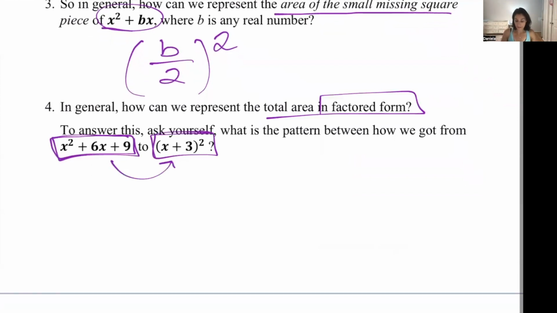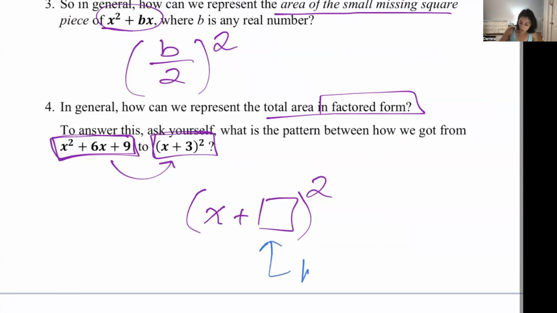So that template is, it's always going to be x plus something squared, okay? Always. So how do you know what goes in the box? What goes in the box is always going to be half of b, right? Remember, this number had to be 3 here. So in other words, b was 6. 6 divided by 2, or half of 6, is 3, right? So we can see how it all works.